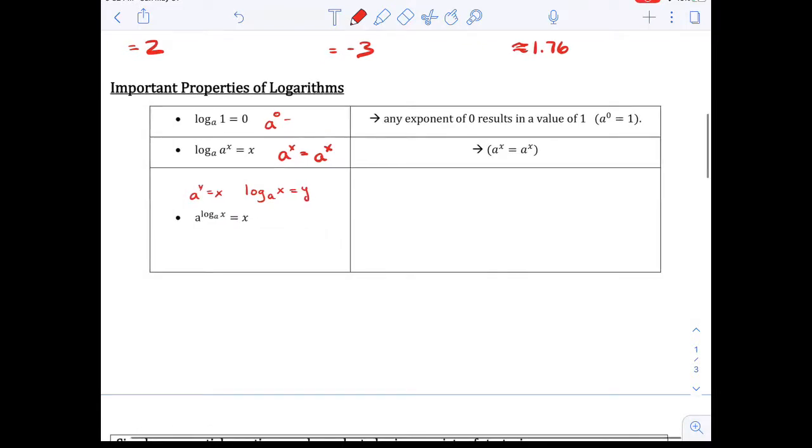So if I'm doing it with this one here, it'd be log_a x is equal to log_a x. That means they're exactly the same. So we'll look at an example like that. If you have something like 7 to the power of log_7 12, that's equal to just 12, whatever this is. Now we'll look at some examples of that.